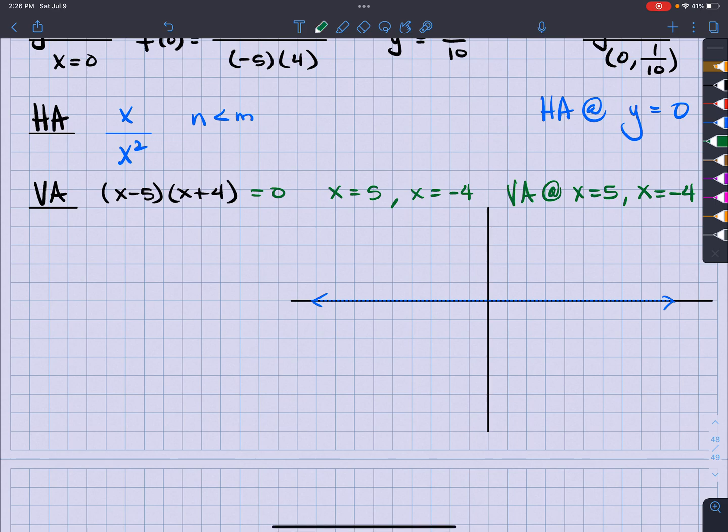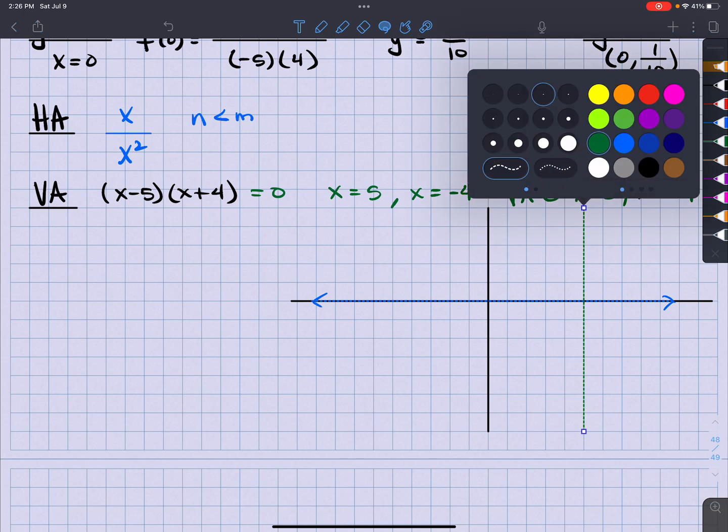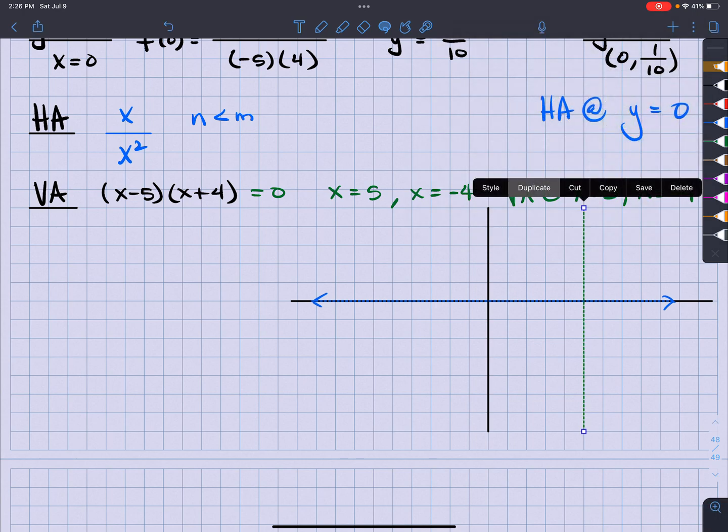Vertical asymptotes at 5 and at -4. So there's that.